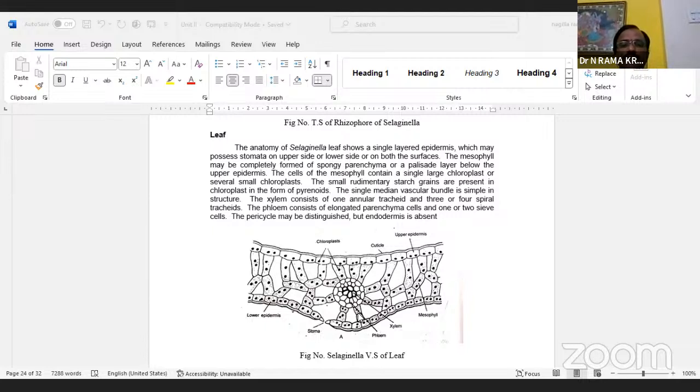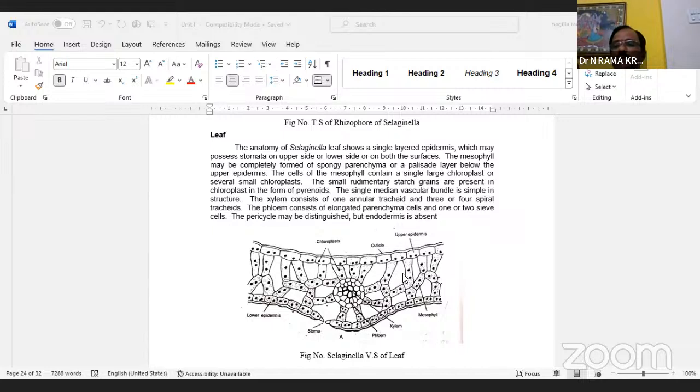Next, the center part is the vascular bundle, a very simple structure. So this is the Selaginella leaf. Here there are three regions: epidermis, mesophyll and vascular bundles. The epidermis has two layers, upper epidermis and lower epidermis, each a single layer with no intercellular spaces.